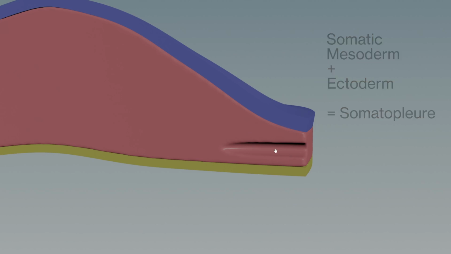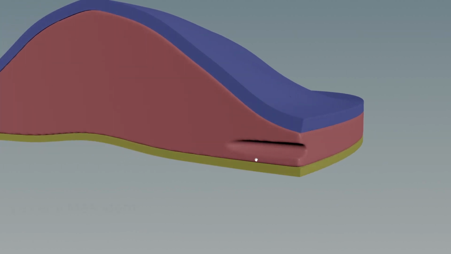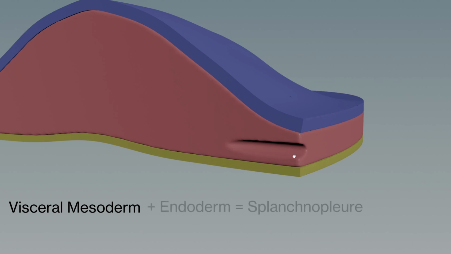The other half of lateral plate mesoderm down below the intraembryonic coelom is the visceral mesoderm, and it's going to have visceral afferent nerve fibers growing into it and innervating it. And it's attached with the endoderm here. Together, this double layer is called the splanchnopleure.